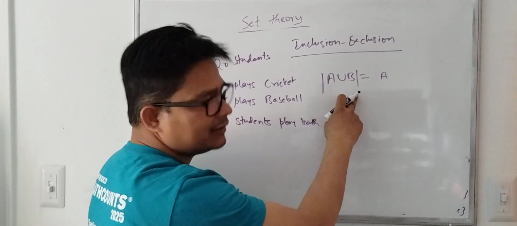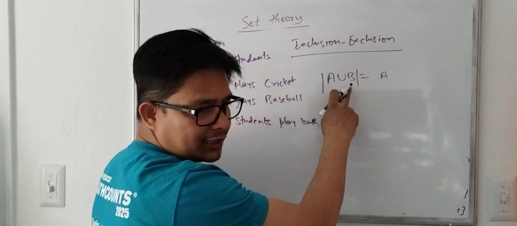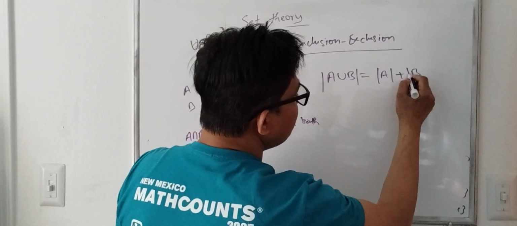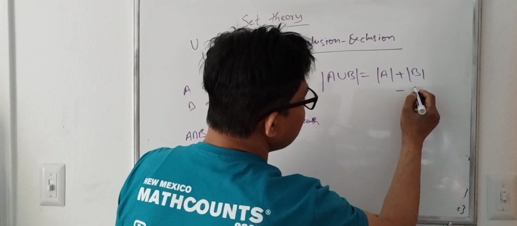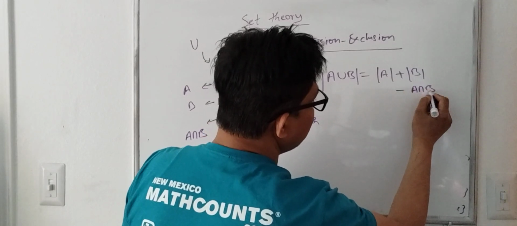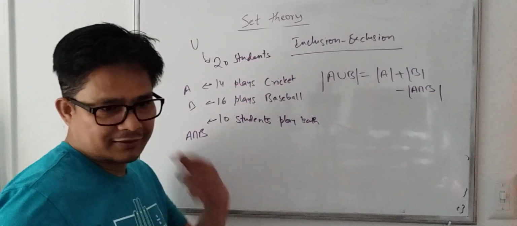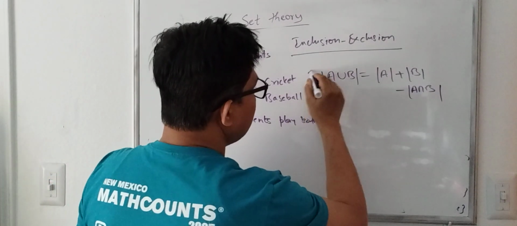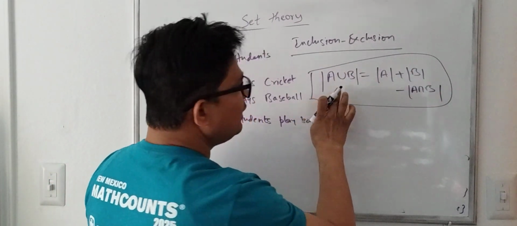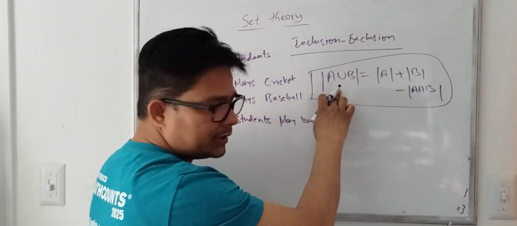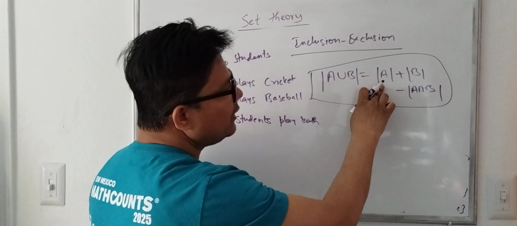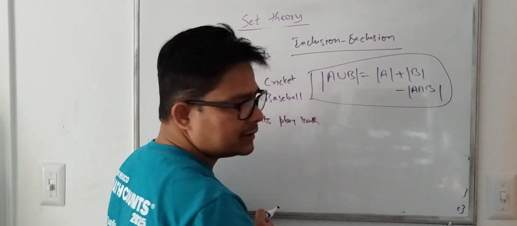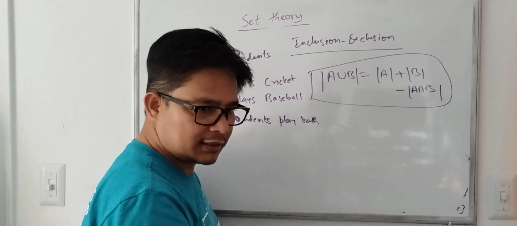Size of, or number of elements in, A union B is equal to number of elements in A plus number of elements in B minus number of elements in both. Okay? This is the formula you have to remember. Again, let me repeat. Number of elements in A union B is equal to number of elements in A plus number of elements in B minus number of elements in A and B.